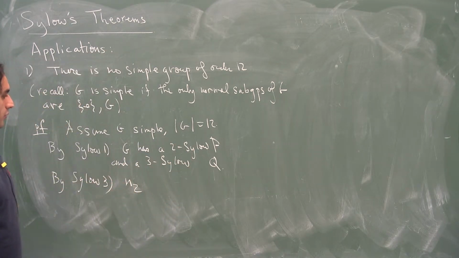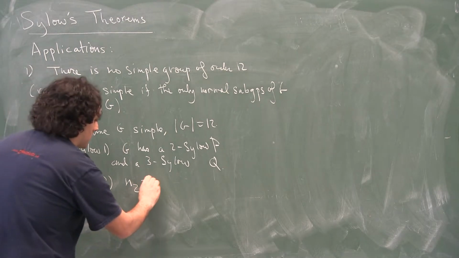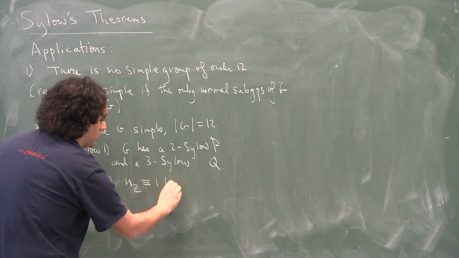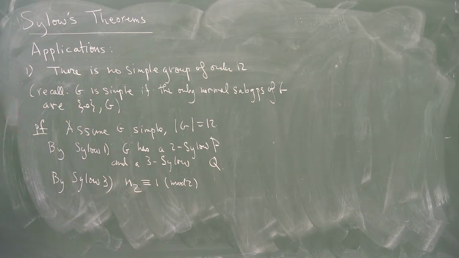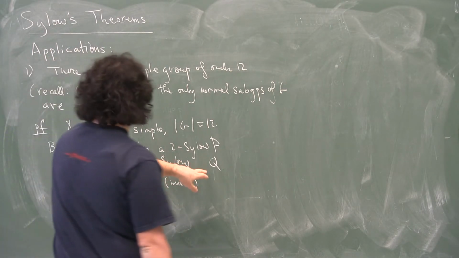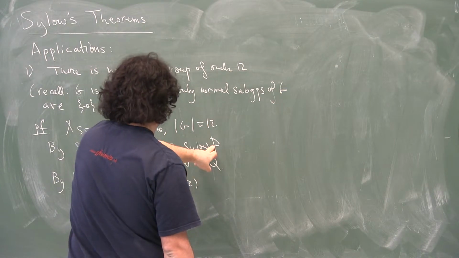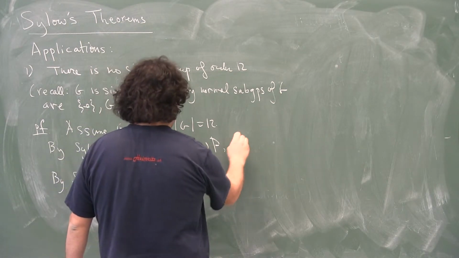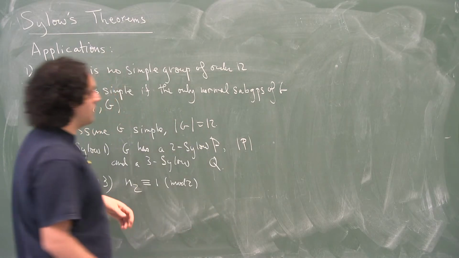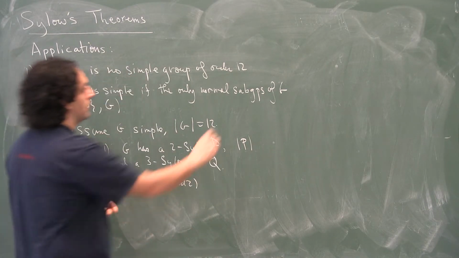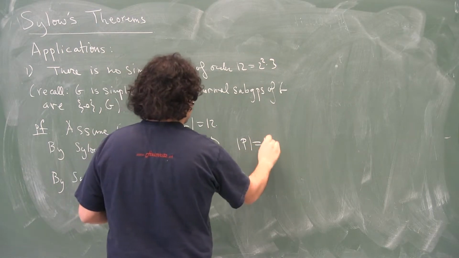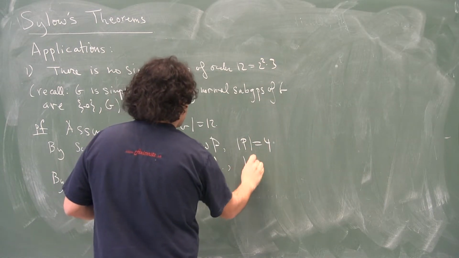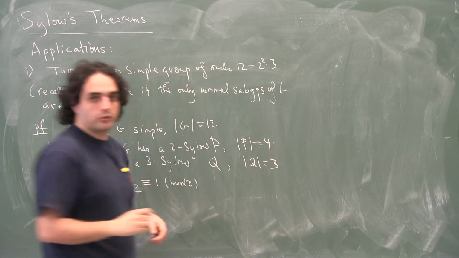The order of P is the maximal power of 2 dividing 12. 12 is 2 squared times 3. So P has order 4, and Q has order 3.